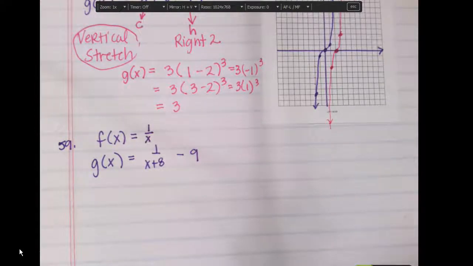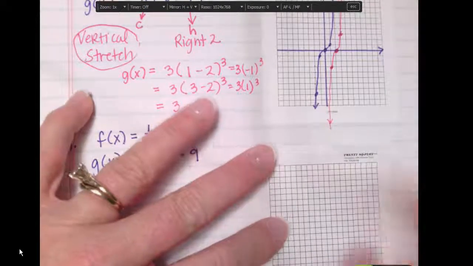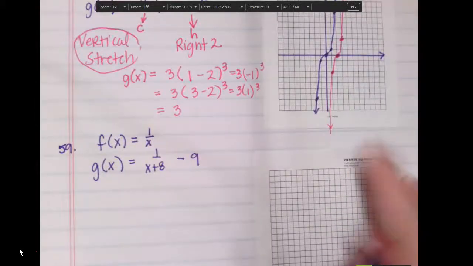So let's go ahead and graph the parent and then we'll see what happens. So this is one of those where, you know, we haven't seen a rational function yet in this class.